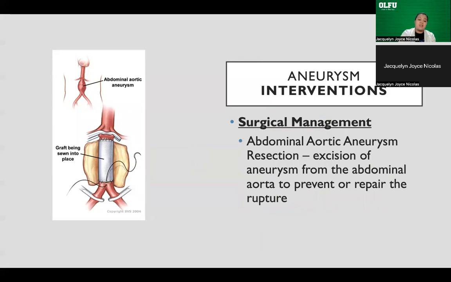May part ng aneurysm na tatanggalin, then i-repair siya. So ibabalik siya sa dati niyang diameter. And usually ginagamitan ng mga prosthesis yan, para siguradong hindi na siya mag-expand ulit.